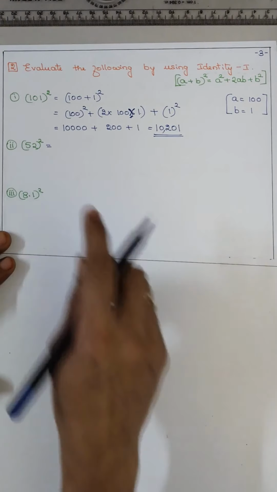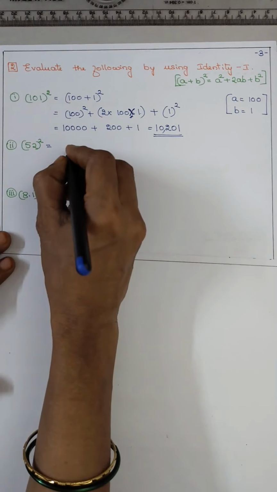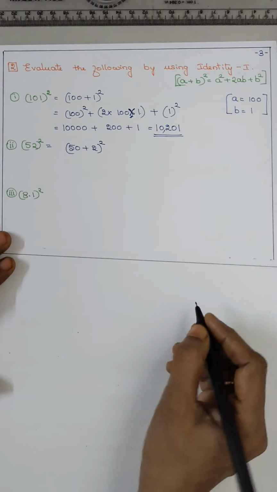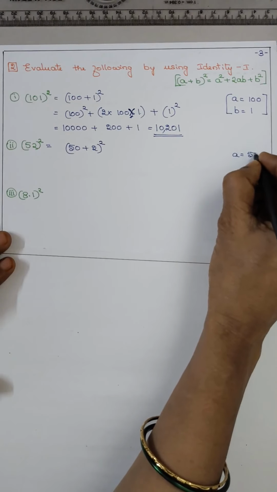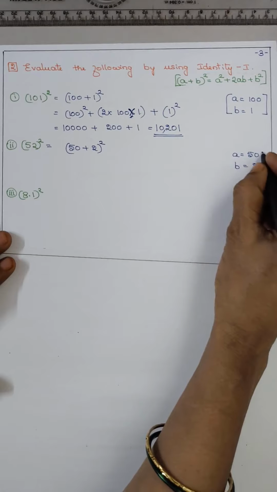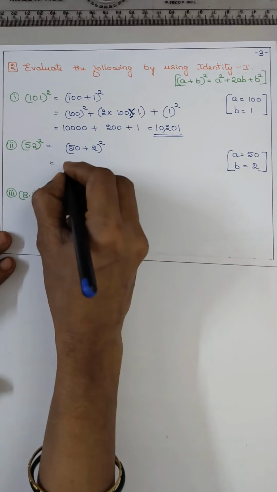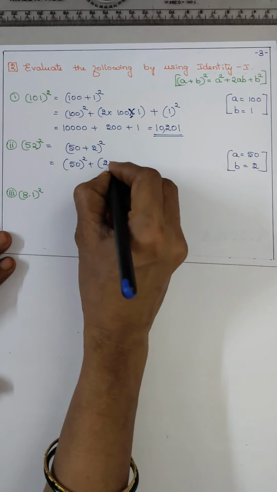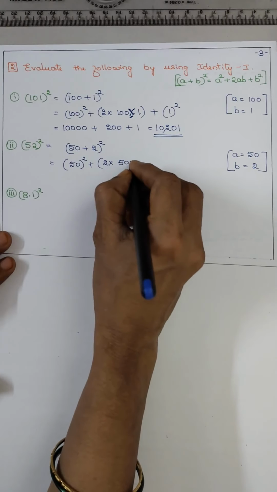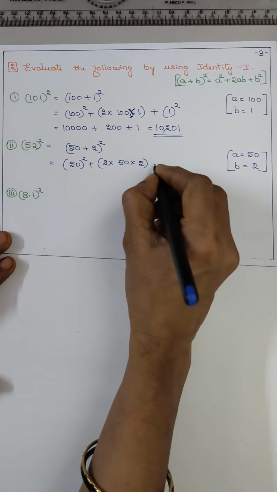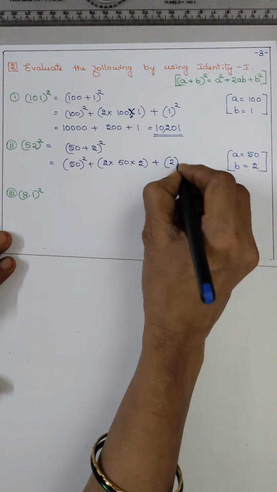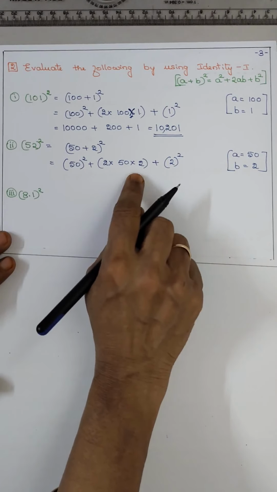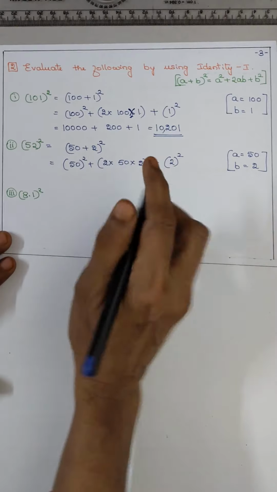Now 52 square can be written as 50 plus 2 the whole square. Now A is equal to 50, B is equal to 2. A square, that is 50 square, 2ab, 2 into a is 50, b is 2, plus b squared, 2 square. याद रखो, बार बार मैं बोल रही हूँ, 2ab मतलब 2 into a into b.